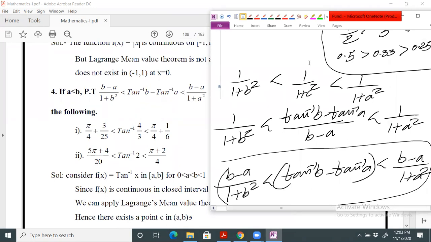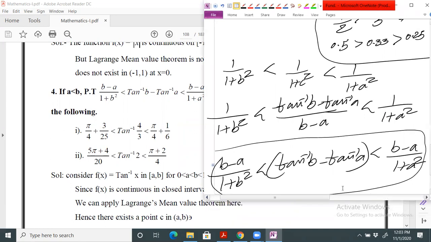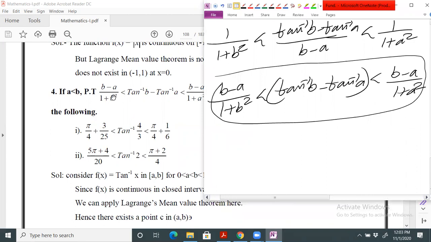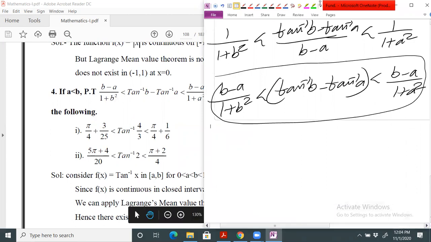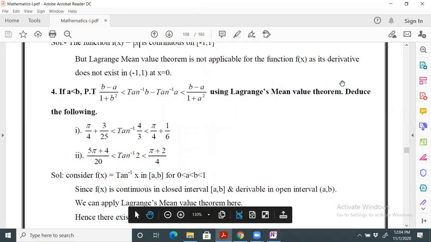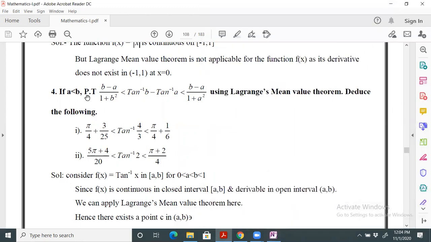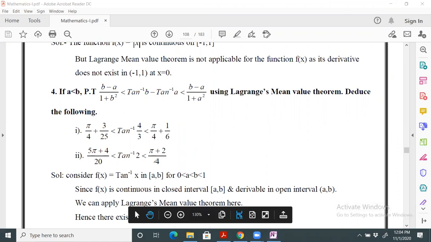Then why I wrote earlier from the problem that we should divide with B minus A was for identifying the f of x function and its interval.